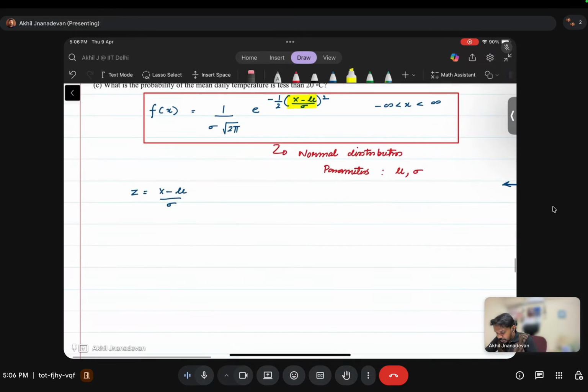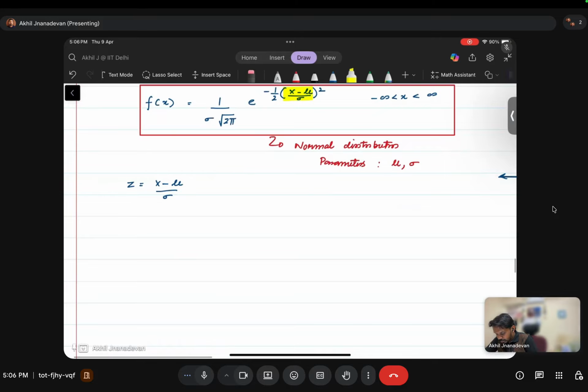We can define it as g of x equals 1 by root 2 pi, e raised to minus x square by 2.